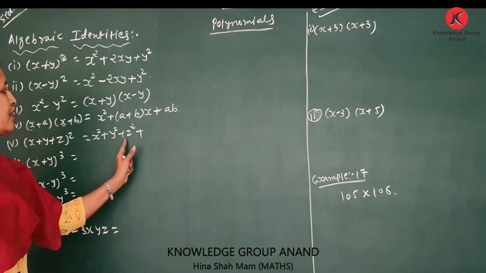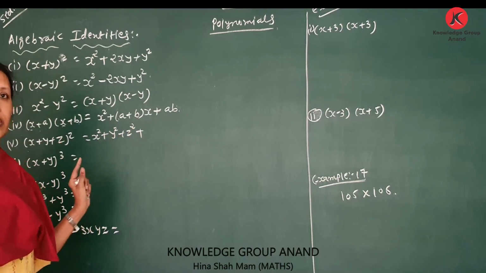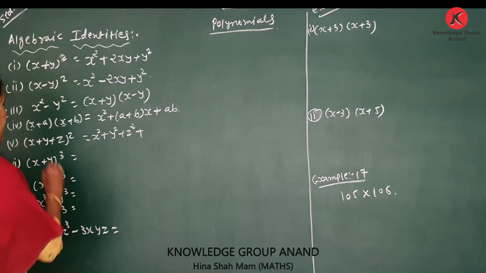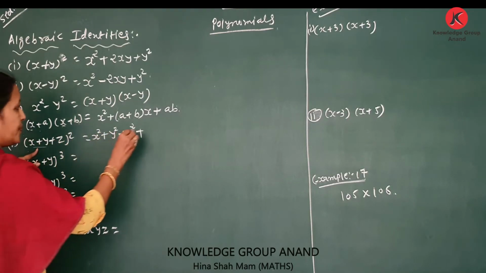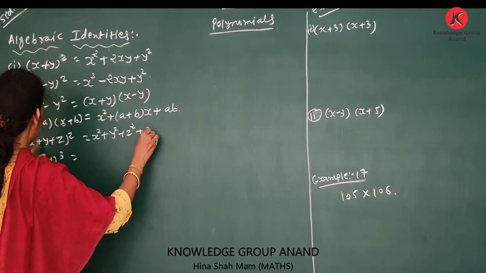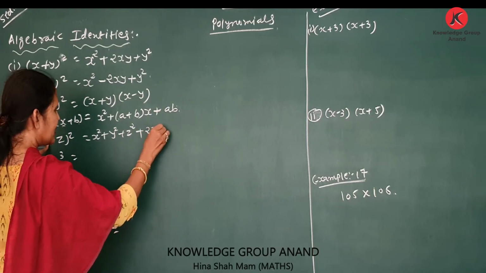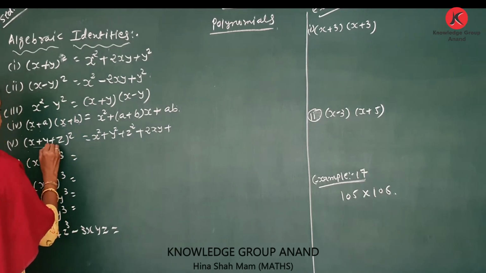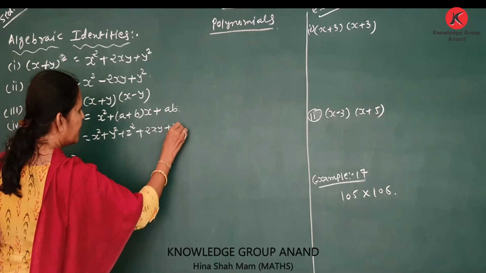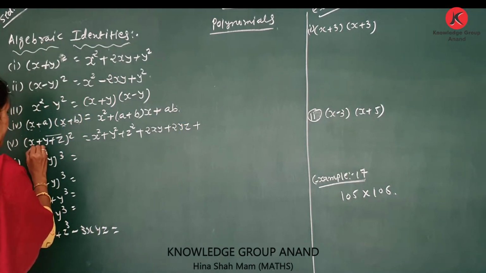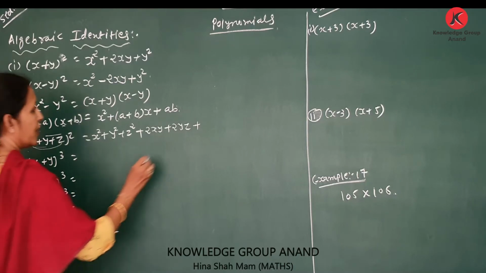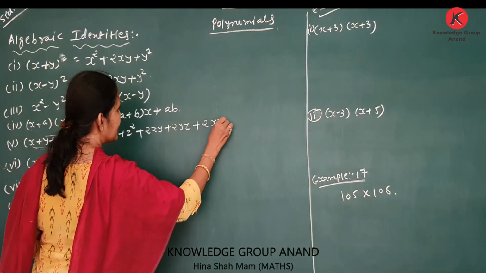First we write the square of the three terms, then we write the multiplication of two terms into 2: 2 into first term, second term, 2xy, plus 2 into second into third, 2yz, plus 2 into first into third, 2xz.